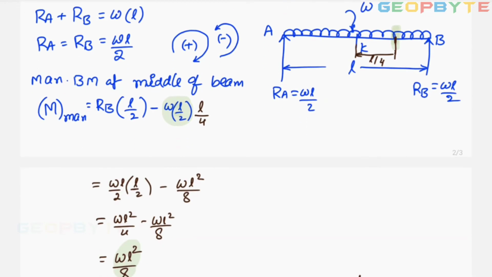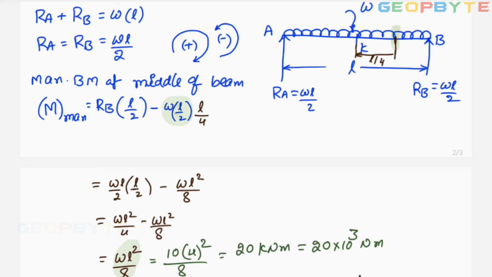Then what is the maximum bending moment? 10 into 4 square by 8. You simplify this value for getting 20 kilonewton meter. It is equal to 20 into 10 power 3 Newton meter.